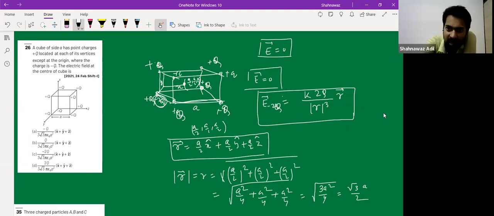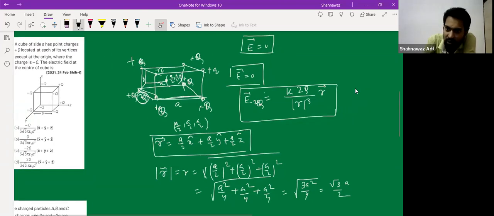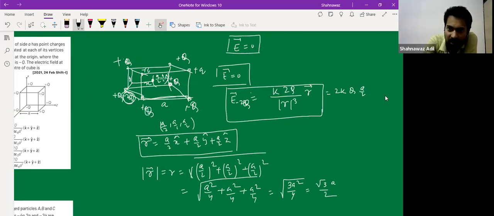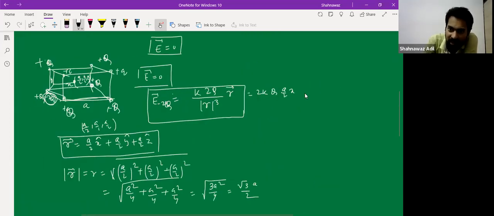So this would be how much? This would be 2KQ, and the R vector is A by 2 X hat plus A by 2 Y hat plus A by 2 Z hat, and then divided by R, which is root 3 A by 2, to the power 3.